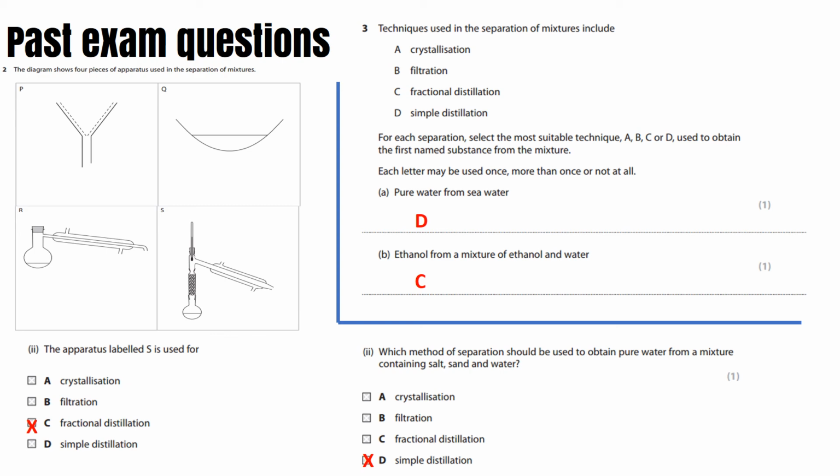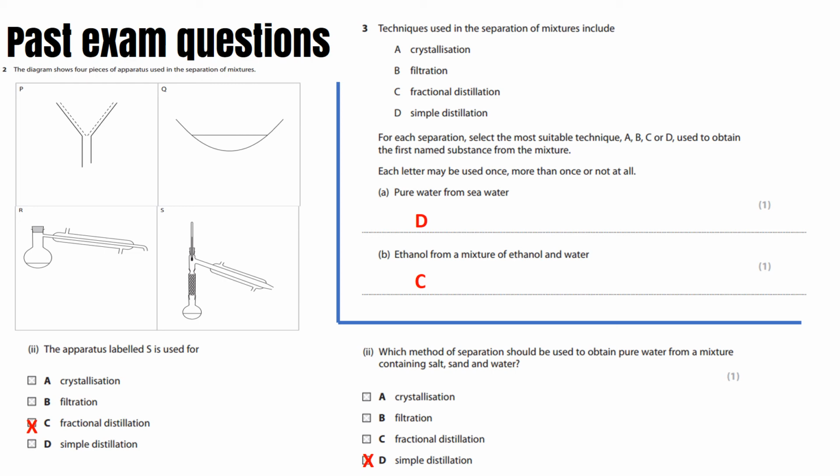Now that was quite easy, that was simple, not a bad question. But look at the wording that they've used. They've said, for each separation, select the most suitable technique, A, B, C or D, used to obtain the first named substance from the mixture. The first named substance.